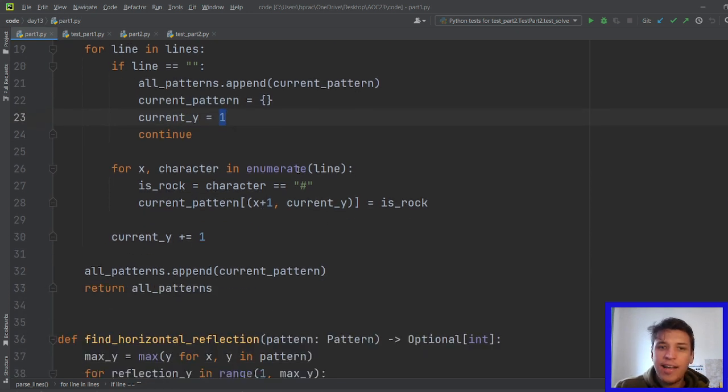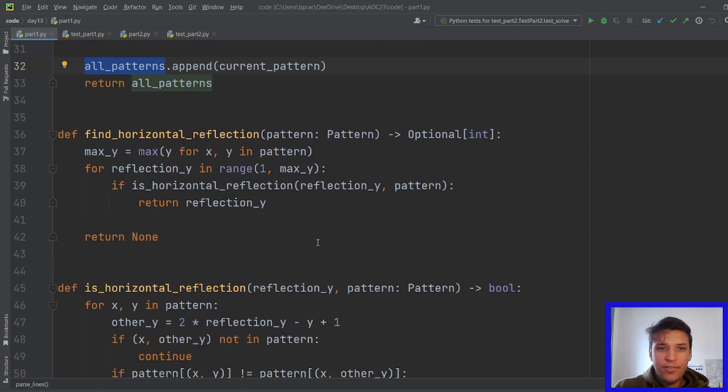Otherwise, we go through the line and we enumerate it to have access to the x-coordinate, and then the position will be a rock if the character is equal to this number symbol, and then we save whether the position is a rock or not to this current pattern dictionary at the correct position. Okay, after each line we need to increment the y-coordinate, and then at the end we need to append the current pattern to the list of all patterns once more to also keep track of the last pattern.